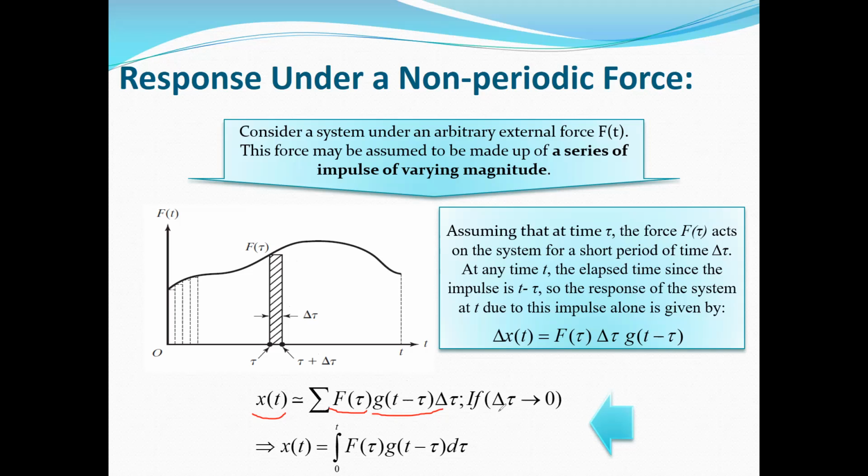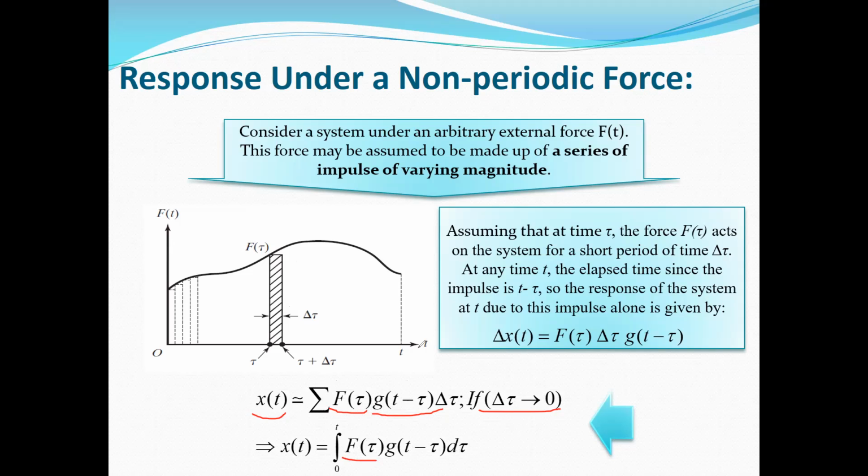So you know from mathematics, when delta t goes to 0, we can convert this summation into the integral, and we can write that x(t) is equal to the integral from 0 to t of F(tau) g(t minus tau) d tau, where F(tau) is the general form of the external force or function F(t).